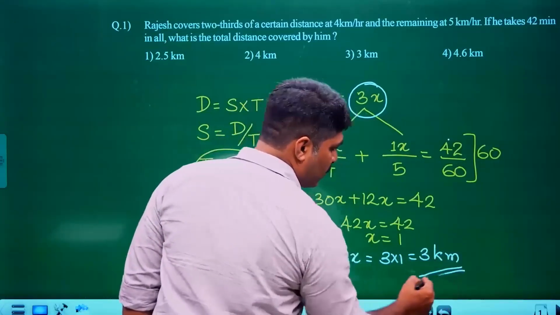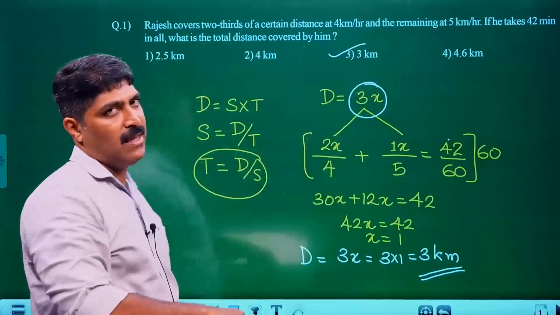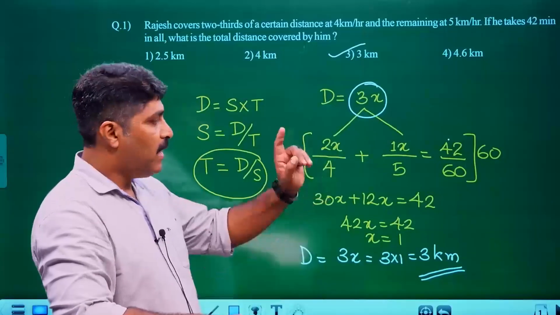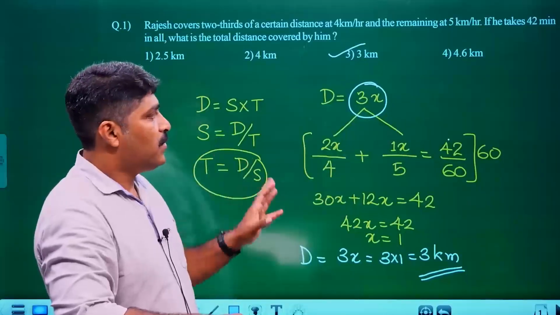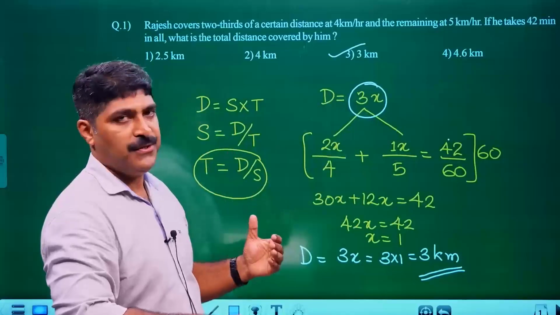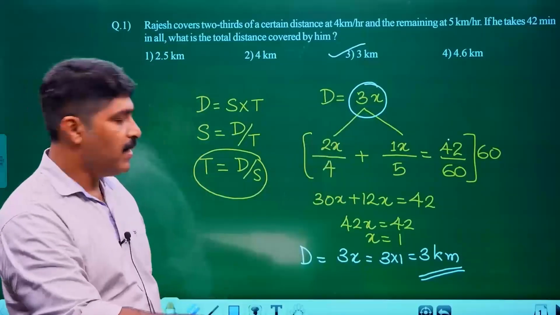This is the total distance. So the answer is option C, or third option. Understand that concept. Here we are equating the time, as we have the total time for covering this entire distance through these different speeds. This ratio type of approach is very important for this particular question.